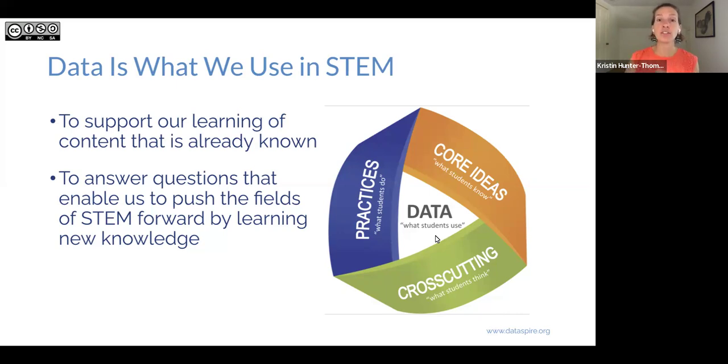So it is critical to think about how we support our students, our pre-service teachers, and their future students in becoming confident and comfortable making sense of data, especially now in the 21st century, where everything is so data-driven, be it through AI, machine learning, or data analytics and data science.